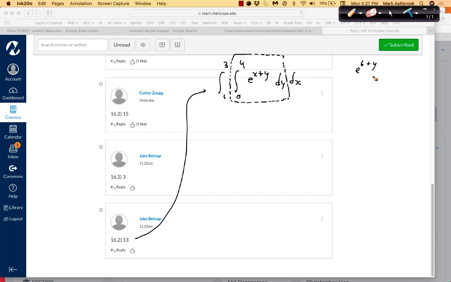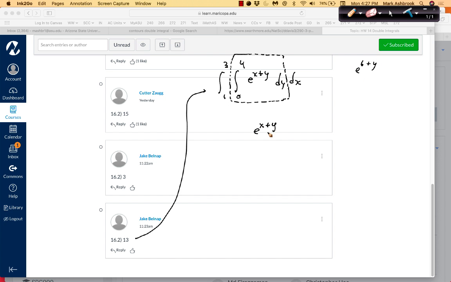So what function gives a derivative of e to the 6 plus y? Think of this as a derivative. What function, if we took the derivative of it, would give us this? Well, I think it's just e to the x plus y, isn't it?